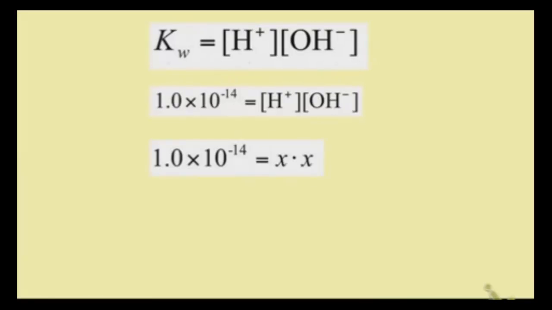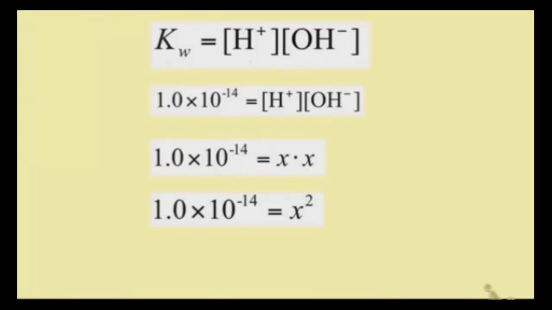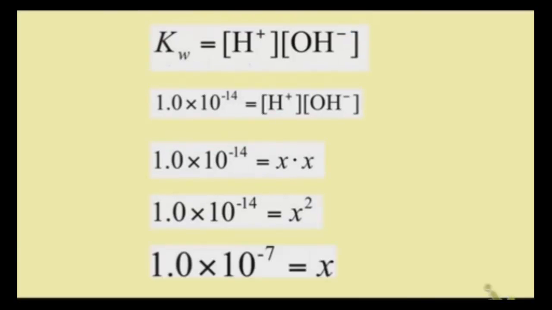So if we were to write the equilibrium expression, it's going to be 1 times 10 to the minus 14th equals x times x, or equals x squared. If we take the square root of both sides, we get that x is equal to 1 times 10 to the minus 7th. So what that's telling us is that's the concentration of both H+ and OH- at equilibrium. So it's a tiny little bit of H+ and OH- at equilibrium.